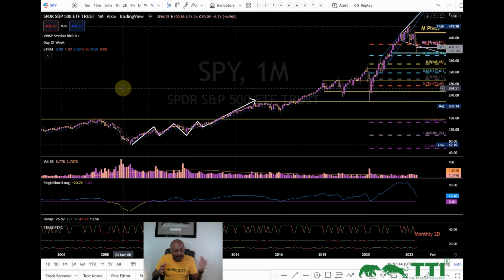You can go as far back as you want. That's not the requirement, just whatever you feel comfortable. So you draw the structure, those are the zigzags, and if you go far enough, you'll see the up structure, you'll see the down structure. You'll draw those, and then you'll draw support and resistance.